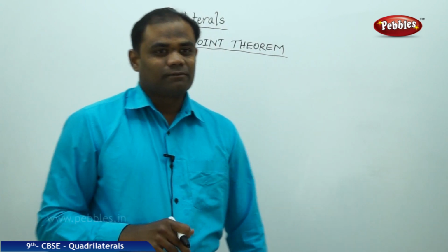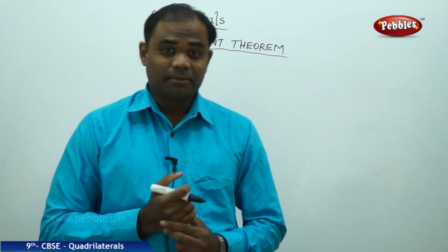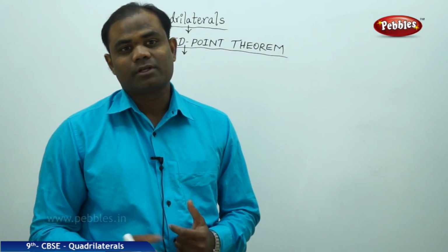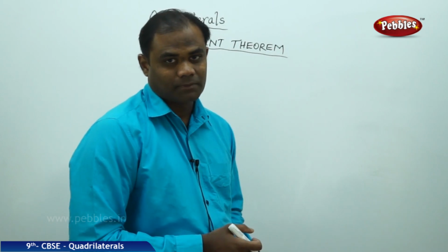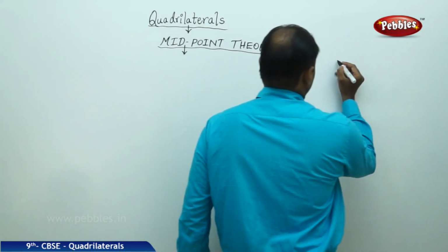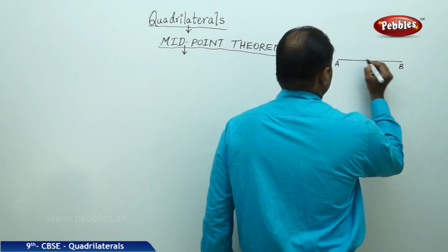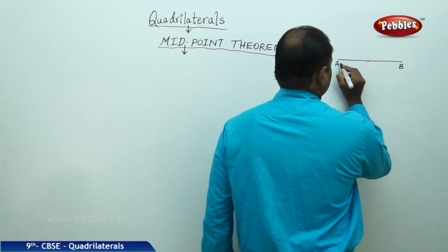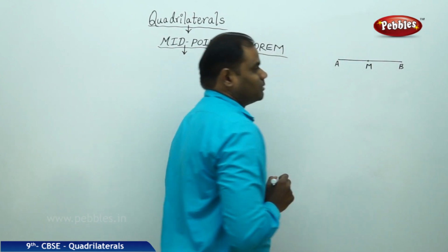As the theorem itself clearly says midpoint, I see that this theorem is related to a midpoint taken on a line segment. We all know what a midpoint is. Just to recap, if I take a line segment AB, then exactly the middle point, which is exactly in the middle of A and B, is called the midpoint.